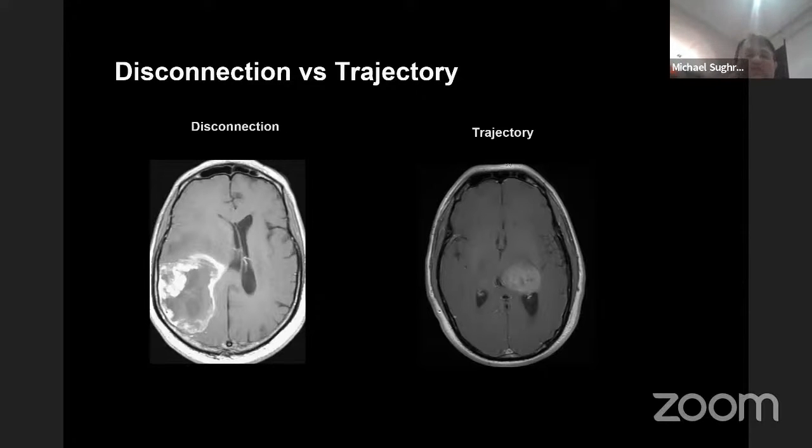And that's a good idea, but it isn't everything. So if you look at that tumor in the thalamus, that's the entire question of how do you get to this thing safely? What's the best angle? The patient on the left doesn't have that as a question. What you really have to say is, where is the function around this tumor and how do I disconnect the tumor from the rest of the brain?